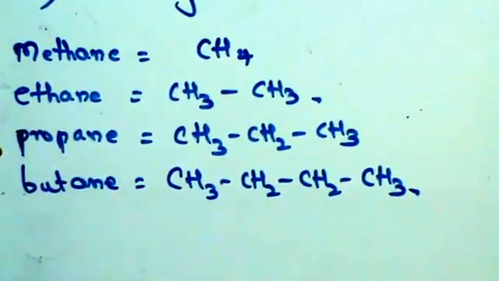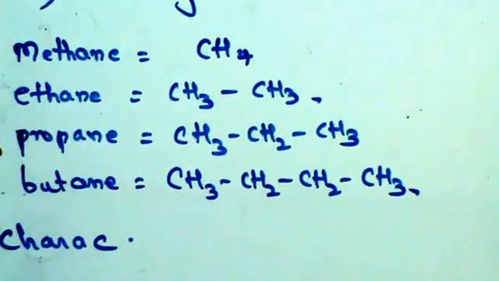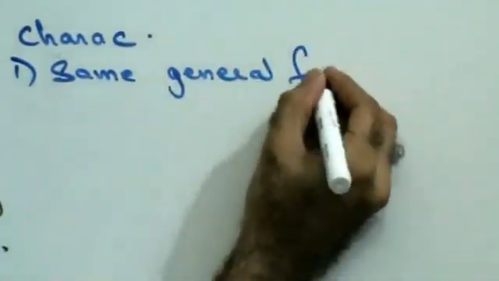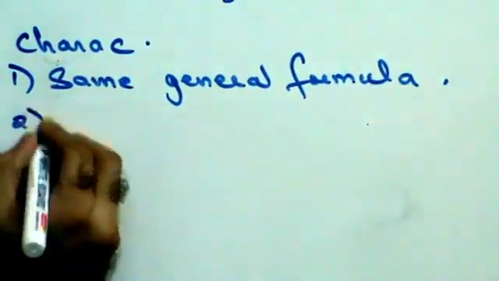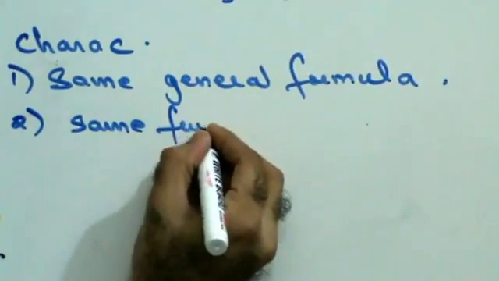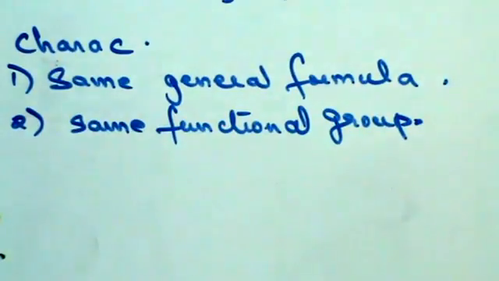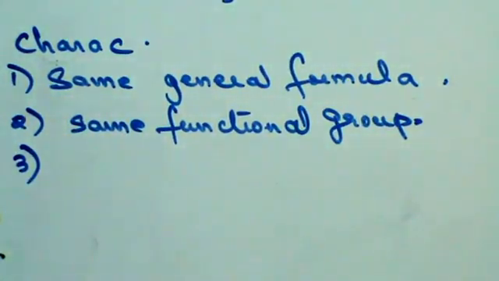Now, what is so special about all these members? What are the characteristics that they possess? They all have the same general formula, CnH2n+2. They all have the same functional group; they all belong to alkanes. Next, each member differs from the other member by a CH2 group.